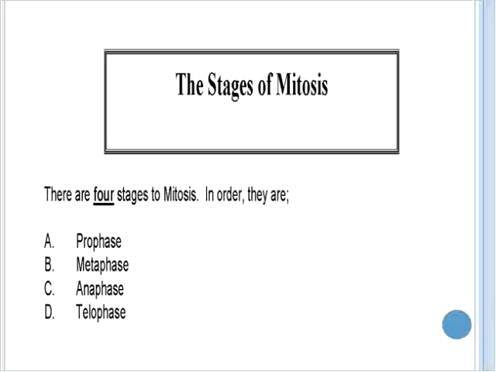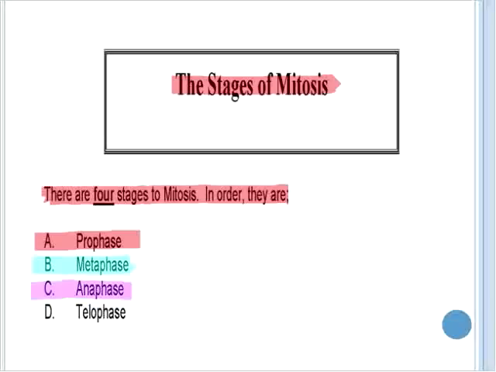So there are distinct stages of mitosis. In order, these four stages are prophase, metaphase, anaphase, and telophase.